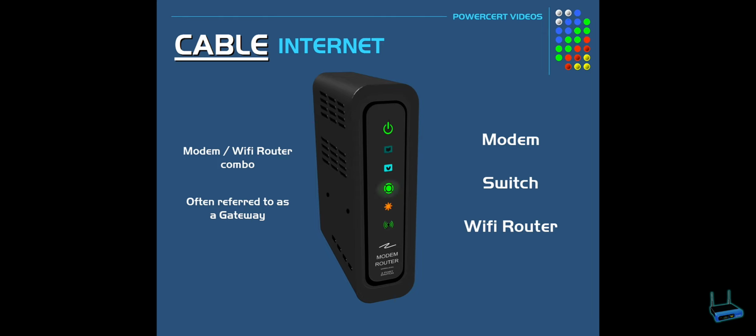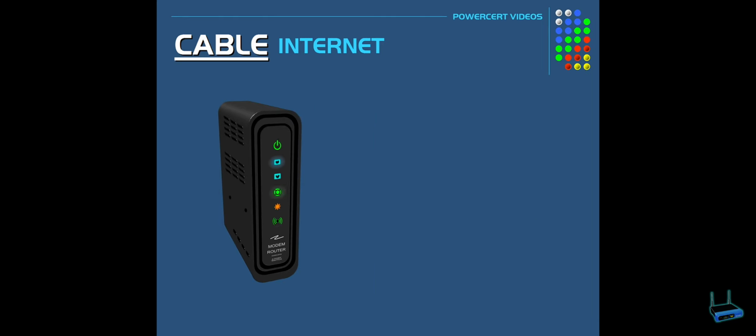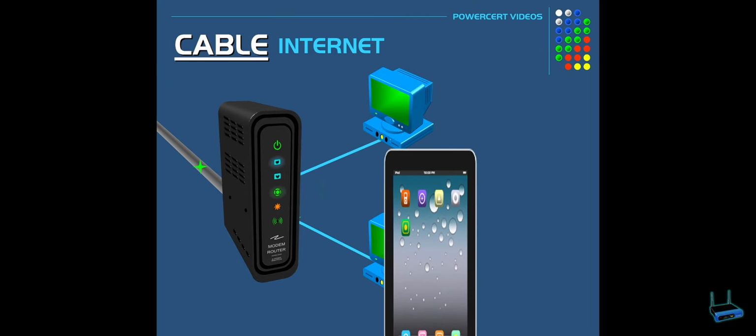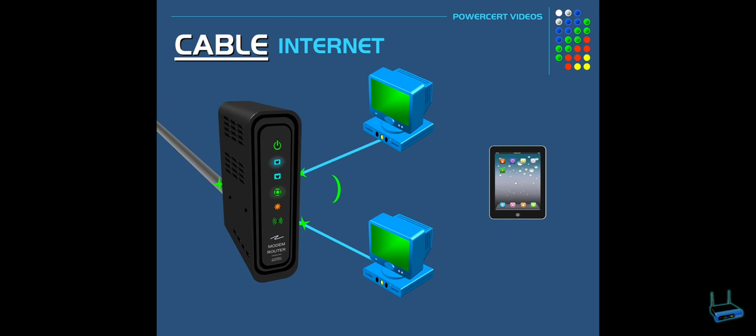So when you receive this modem from your ISP, you would attach a coaxial cable that's routed into your home, and then you would attach it to the back of the device. The modem is what brings the internet into your home, and the switch and the Wi-Fi router is so that you can connect multiple wired and wireless devices, such as computers, laptops, tablets, to the modem to give them internet access. And that's basically it.